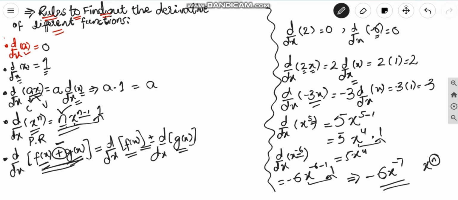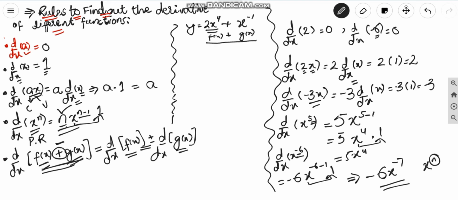To make it clearer, let's consider an example. We have a function 2x power 4 plus x power minus 1. Consider this the first function, f of x, and this the second function, g of x, and we have to find the derivative of the sum of the two functions.